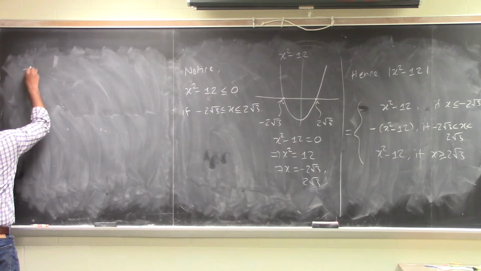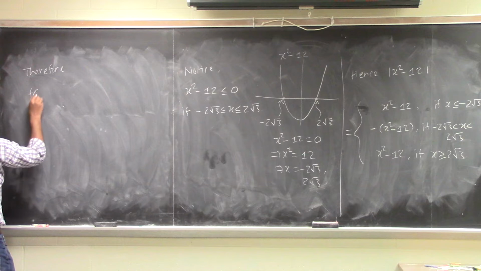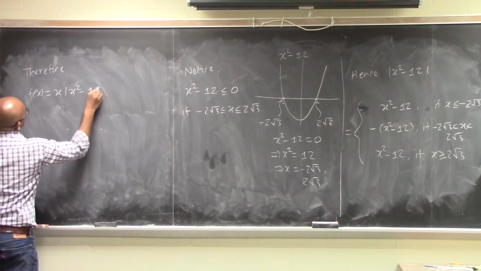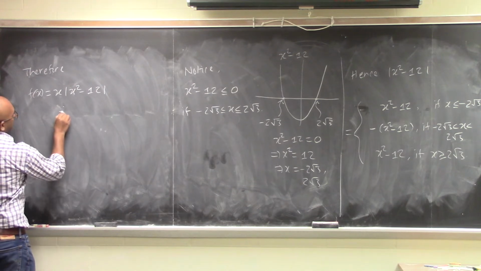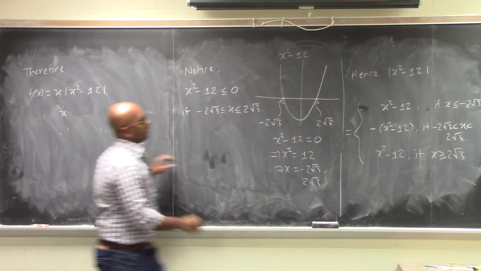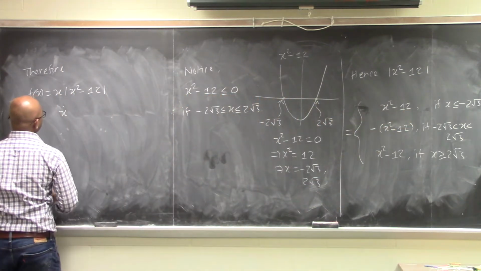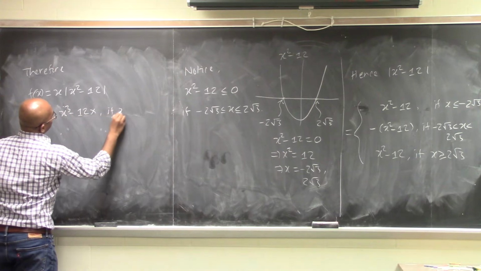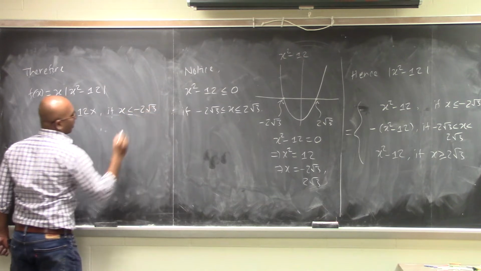Therefore, f of x, which is x times absolute value of x squared minus 12, that guy is, first of all, x times this part, right? So this is x cubed minus 12x if x is less than or equal to negative 2 square root of 3.